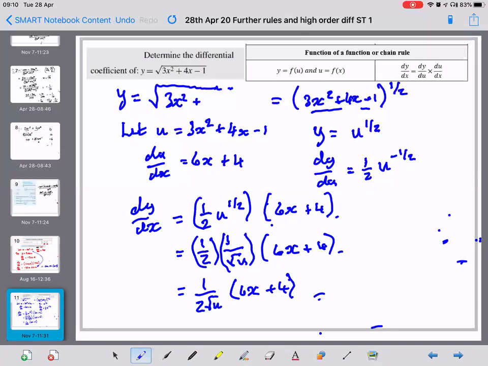And then we can put in our value of u from the first place. So, start again.